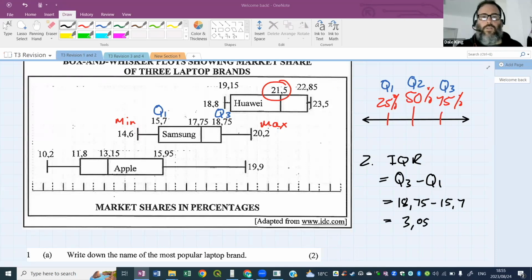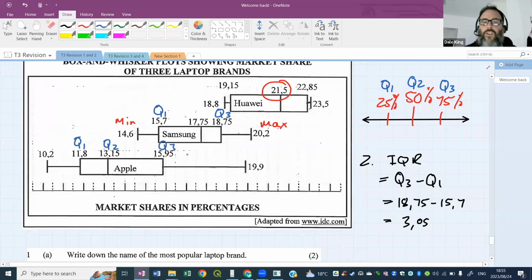All right, this is actually quite tricky. I wouldn't have put 16%. I would have changed the number. So we know that Q1 is the first 25% of the data, Q2 is 50% of the data, and Q3 is 75% of the data. So 15,95 is on 75%. They're saying that 75% is below 16.